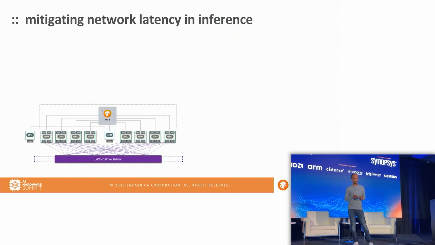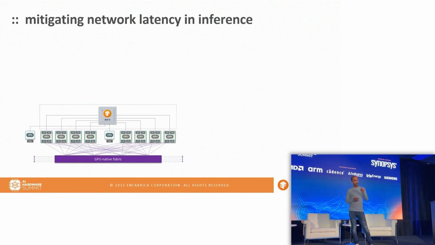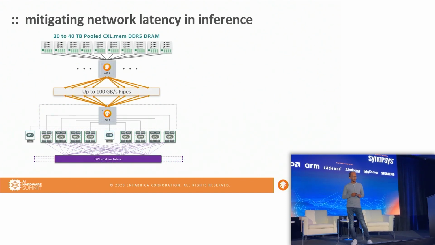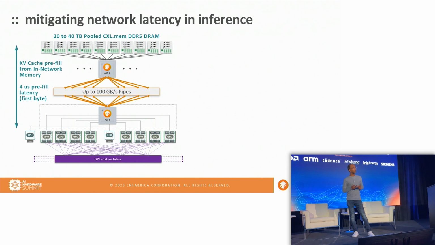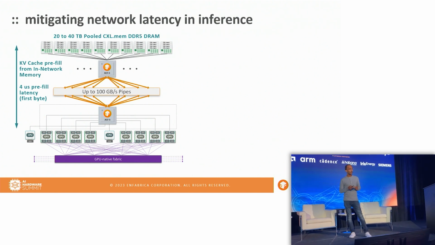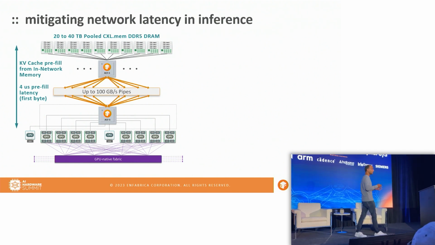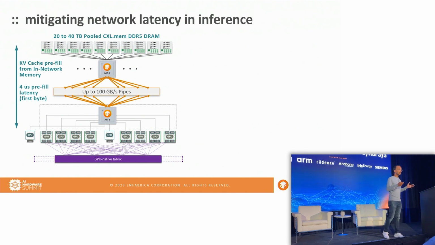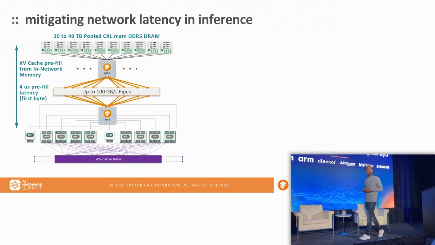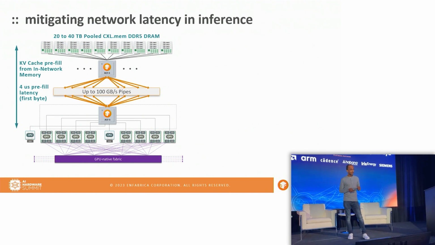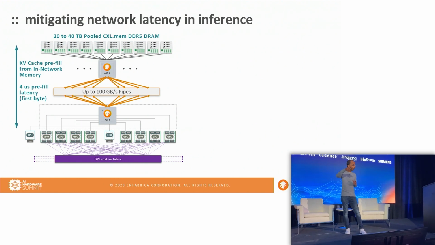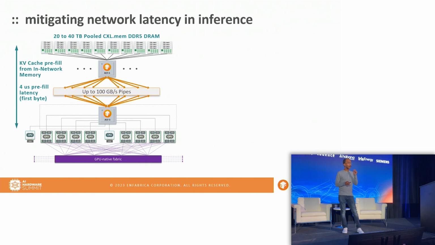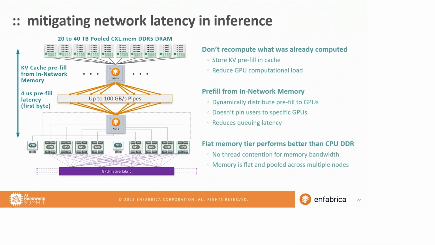We can also mitigate the latency in inference by having pooled CXL memory and using this to pre-fill KV caches. As LLM services grow and use much more input history and context to drive into the GPUs, this tier of memory can be a capacity tier that stores all of that and grows in size without scaling the number of GPUs.